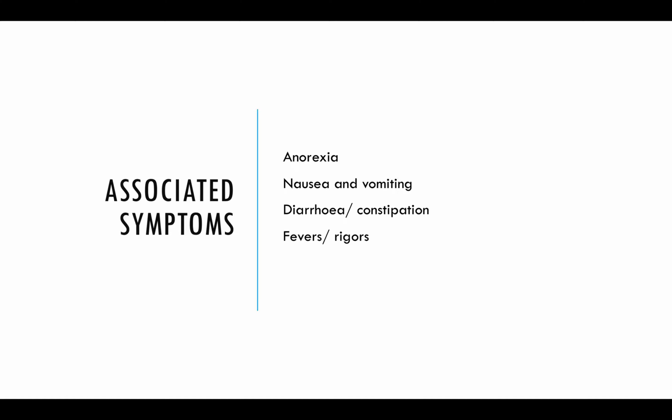The main thing we want to know is blood, and if it was at all dark, what it looked like. When it comes to PR bleeding, which we will talk about more later, you've got fresh, bright red blood, and then all sorts of levels of digestion of blood, all the way up to true melena, which is black and sticky. So that's important to ask.